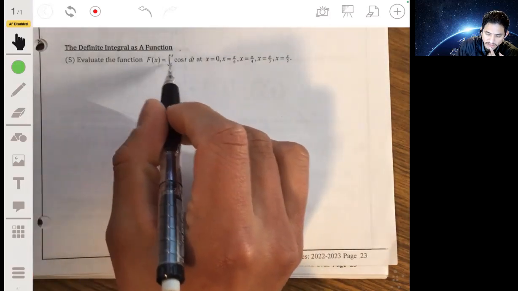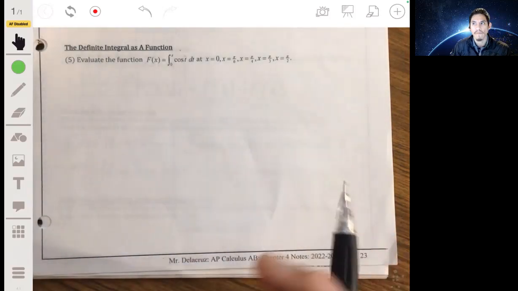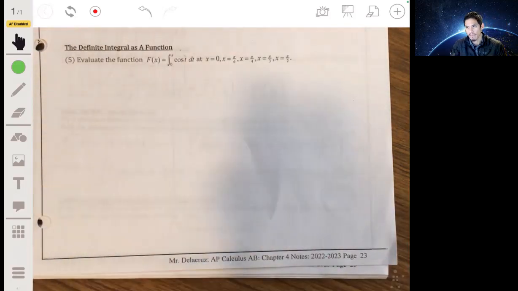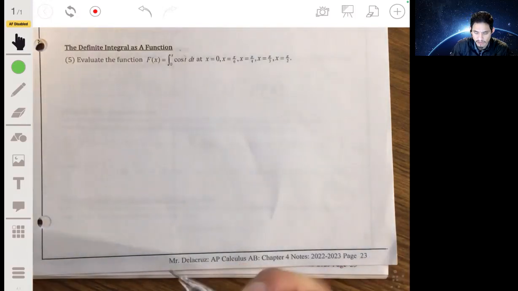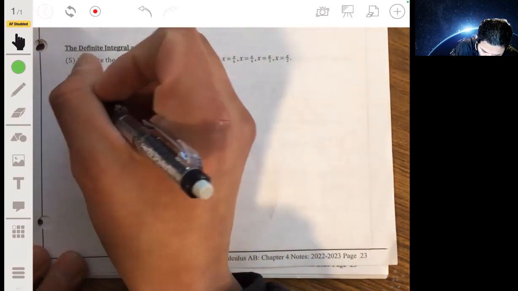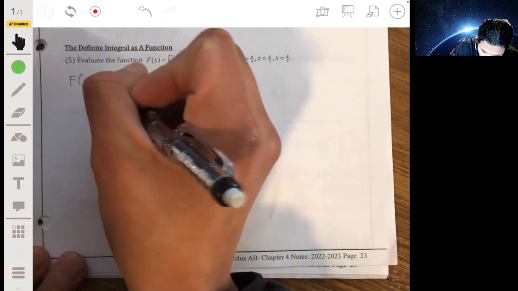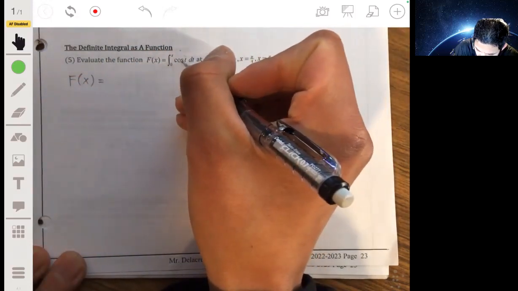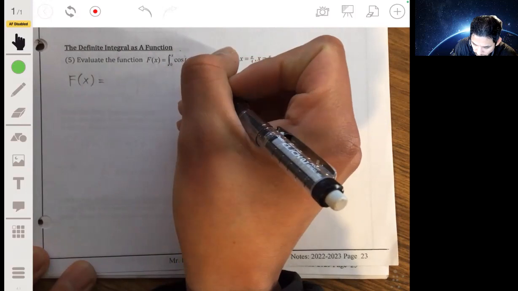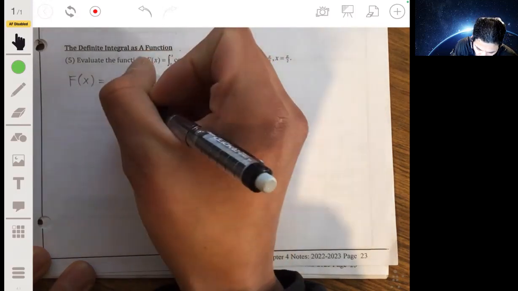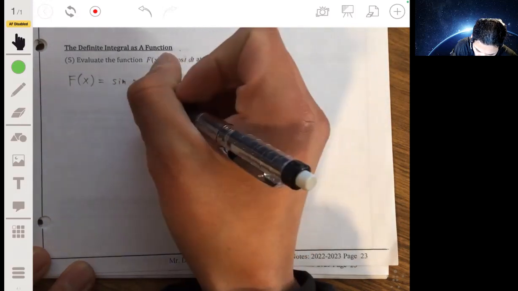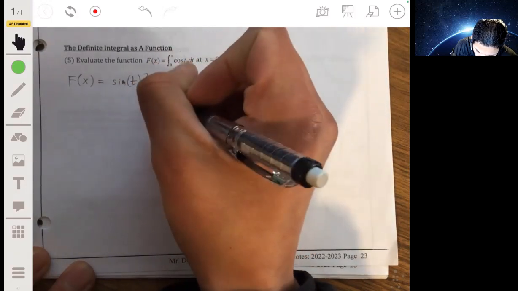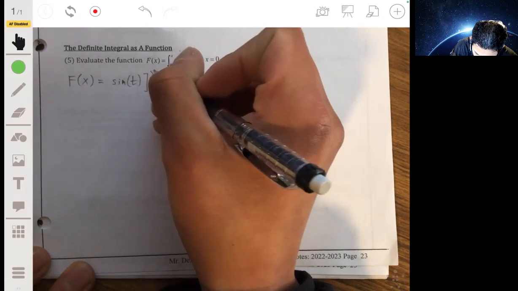We're still going to evaluate this by using the antiderivative that we applied in the first fundamental theorem of calculus. So we find that this will be equal to the antiderivative of the cosine of t, which will just be the sine of t, going from 0 to x.